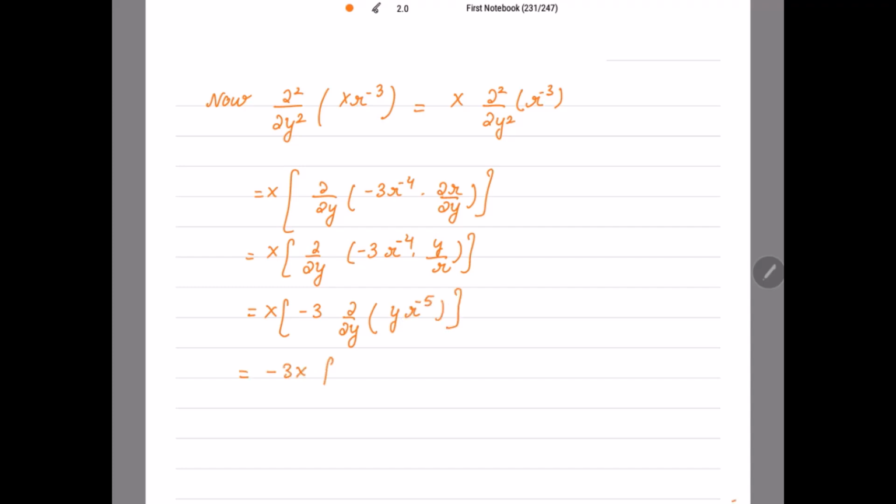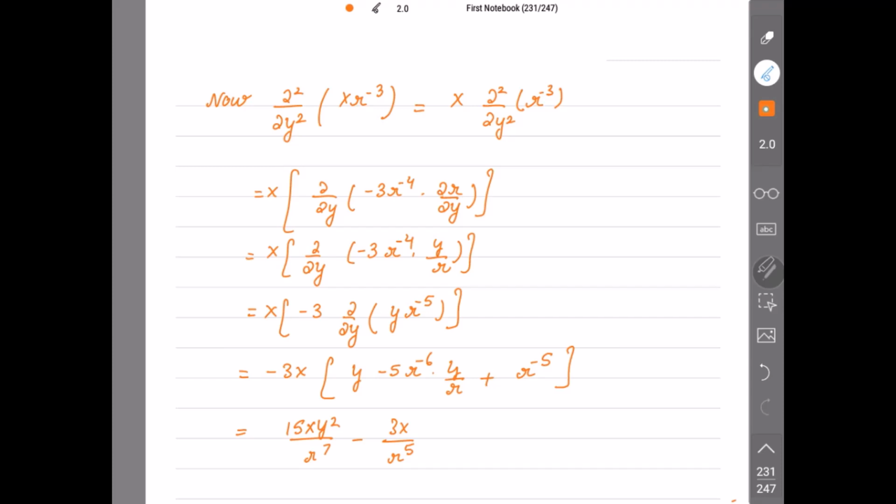First function derivative of second is minus 5 r the power minus 6 into curly r over curly y, which is y over r, plus r the power minus 5, and the derivative for y is 1. So finally it's 15xy square over r the power 7 minus 3x over r the power 5. Let's mark this as 2.